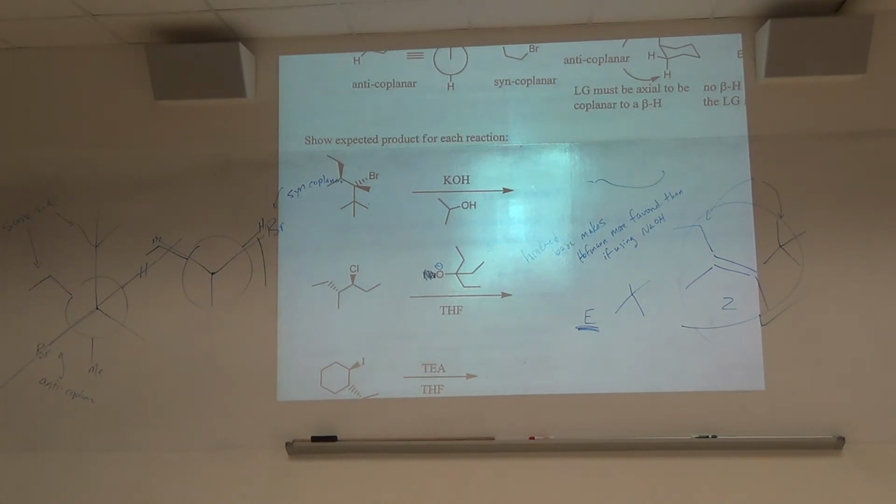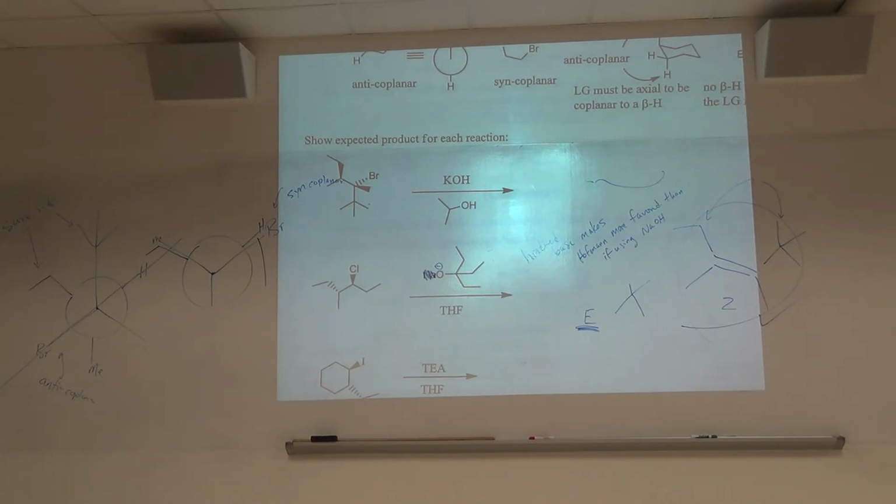Or I may show you the reaction and say, okay, show the Zaitsev product. So I'll give you some information. For the sake of the reaction, show both the Zaitsev product and the Hoffman. Label them.